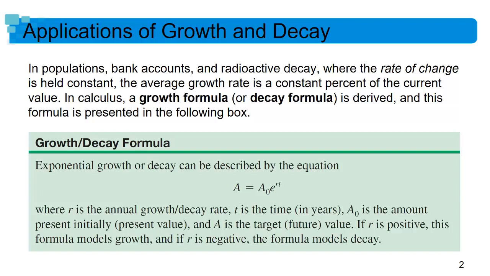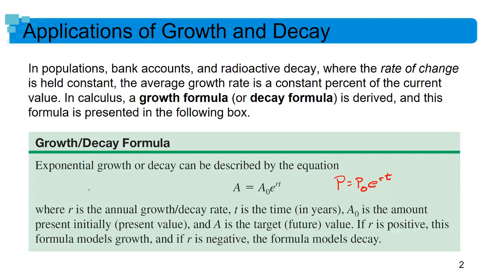Now, like I said, there are other versions of this formula. One of the more favorite ones that you'll see is P equals P0 e to the rt. And here, instead of amount, they're using P for population, right? Same exact formula.